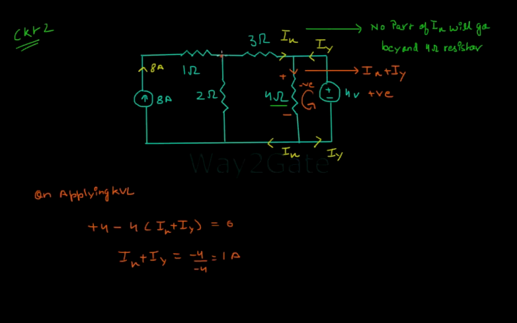If this is node A and this is node B, let's find VAB, that is potential difference between node voltage A and B.